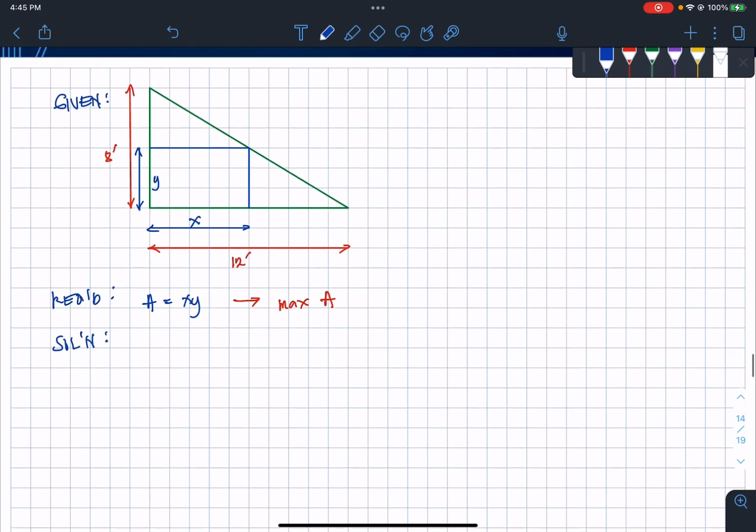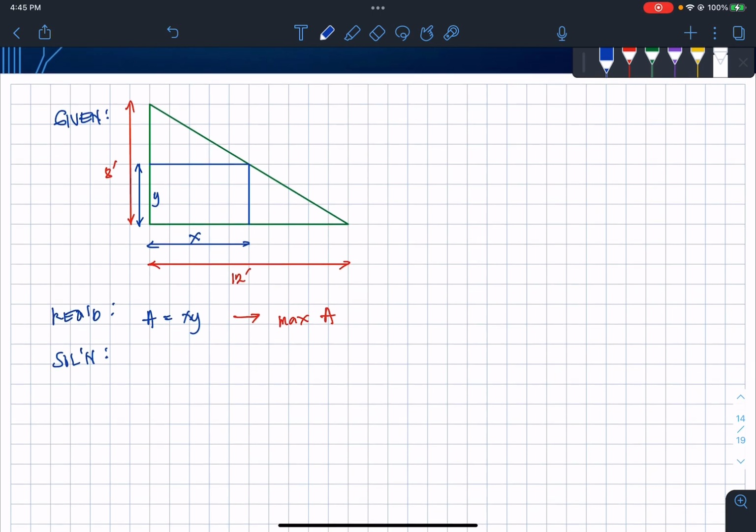What is given here is the height, which is 8 feet for the triangle, and the base of the triangle, which is 12. So we can use similar triangles to find the relation between x and y.